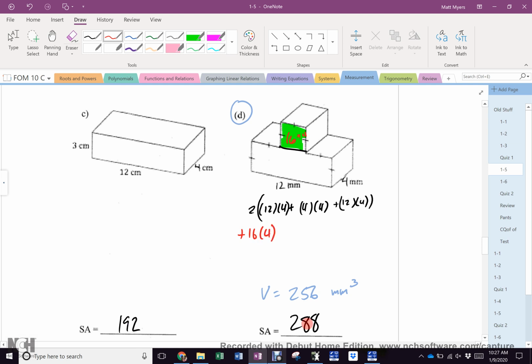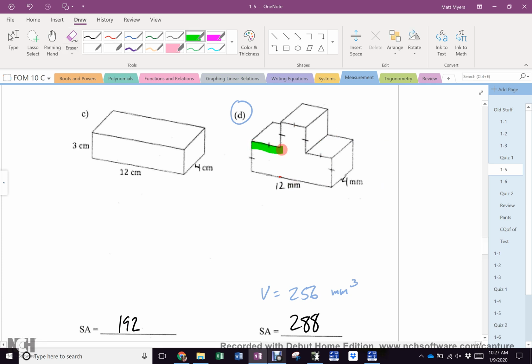Does everybody understand? Okay. Did everybody get volume? Volume had two ways. You could have done LWH on the bottom one, right? And then LWH on the top one, and then added them together, yes? Or you could have used what I taught you.